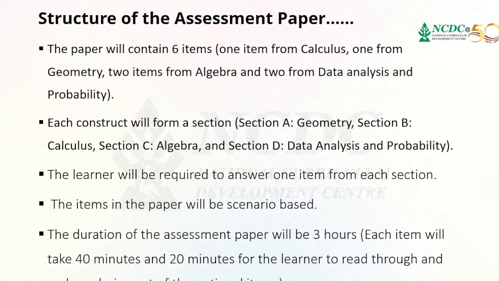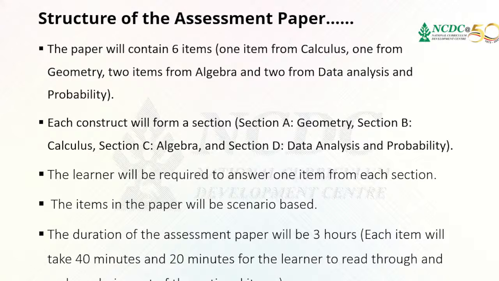The paper will contain 6 items: 1 item from calculus, 1 item from geometry, 2 items from algebra, and 2 items from data analysis and probability. Each construct will form a section, meaning that we shall have 4 sections.